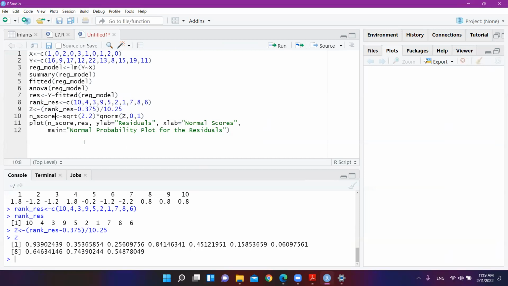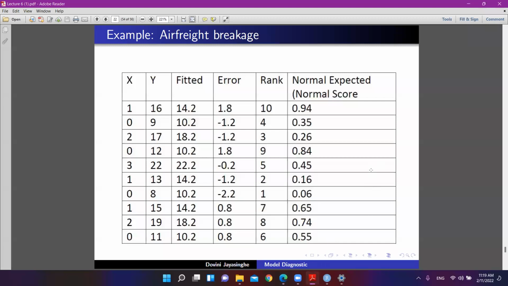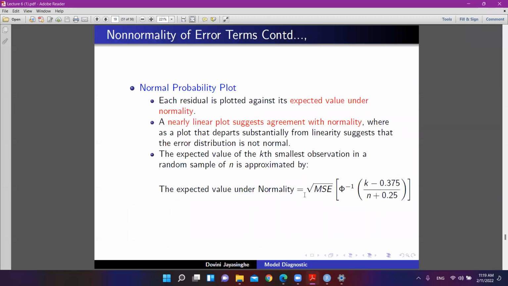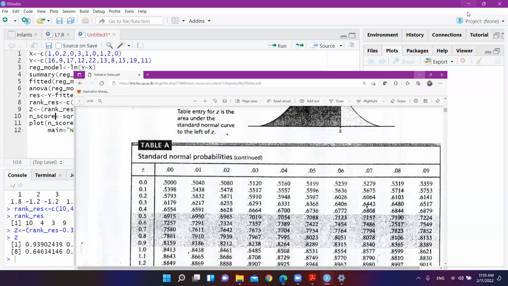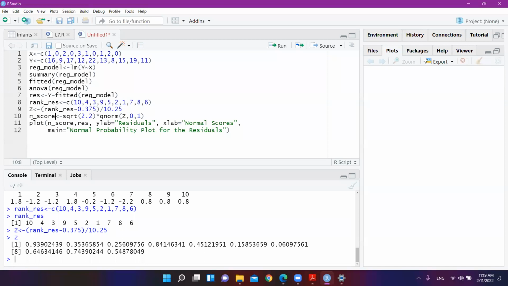And then I have gotten the expected score by this formula, square root of MSE times the Z value, okay? So the normal score is square root of MSE times, sorry, these are the probabilities, these are the Z values, standard normal Z values.